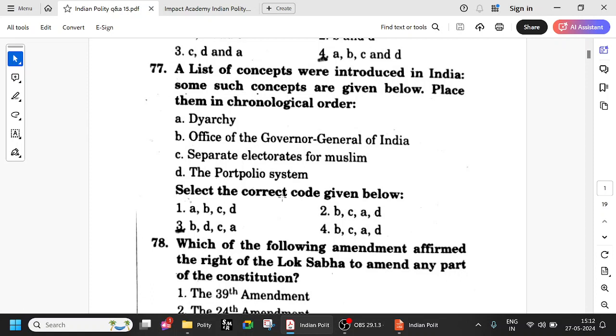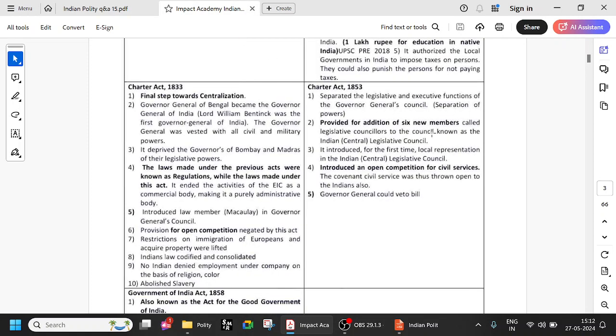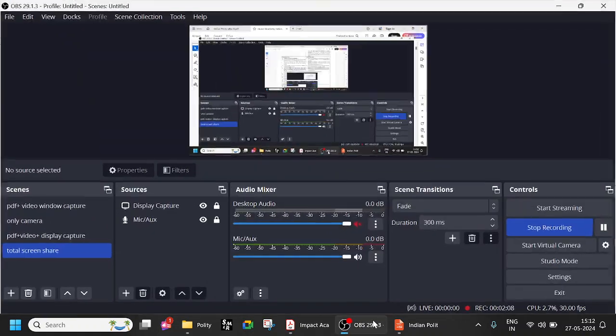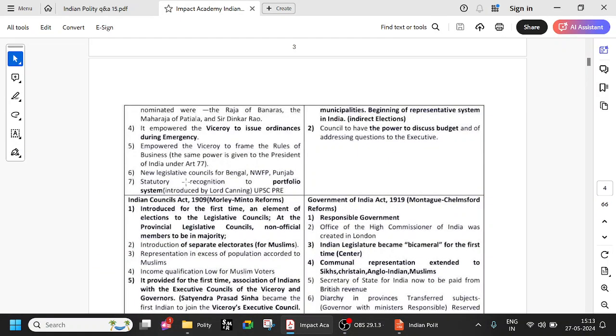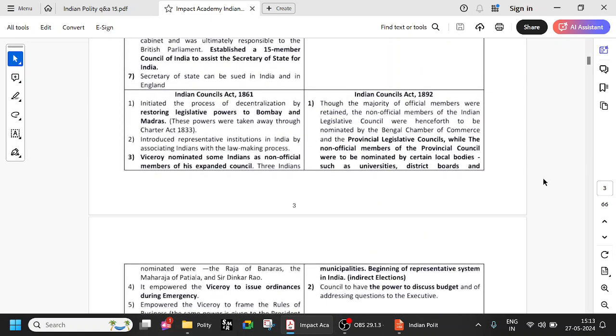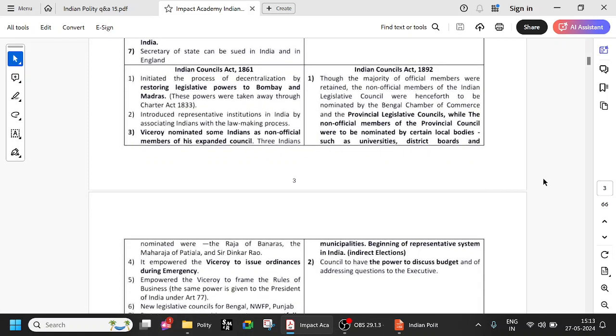So still three options are there. So you have to know portfolio system. Statutory recognition to portfolio system was introduced by Lord Canning. So this was in Indian Councils Act of 1861.